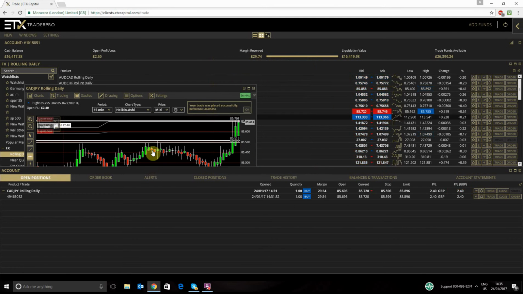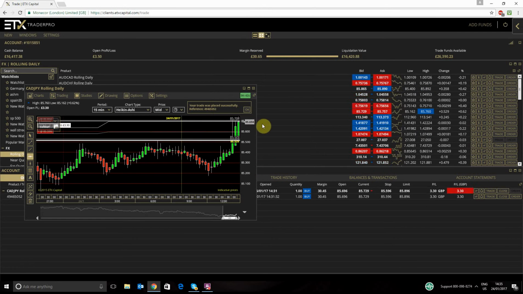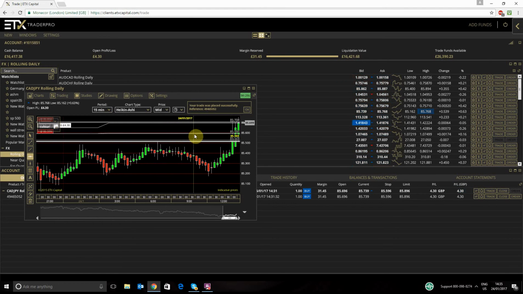So from this trade, you can see that I got it right based on the fact that it had broken a barrier that has not been broken in a while. Remember, we're looking at the 15-minute chart. So now it's going all the way up. It's still going up.